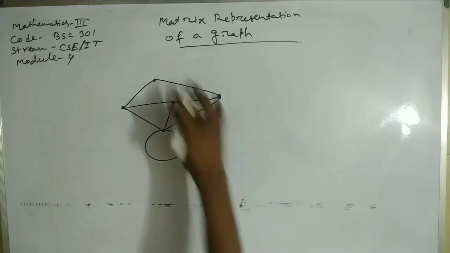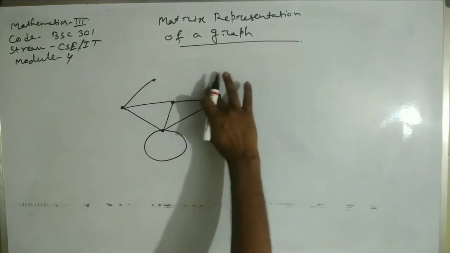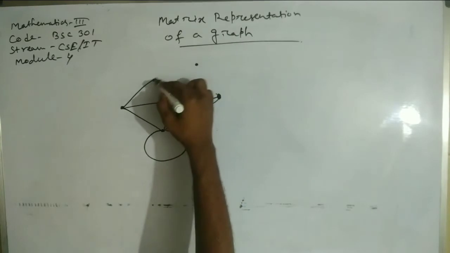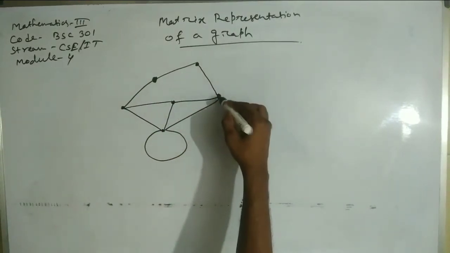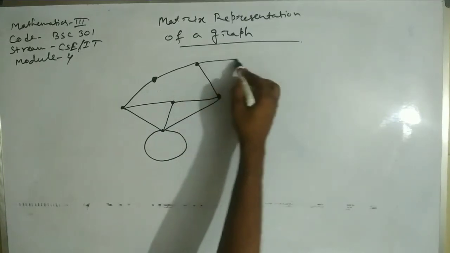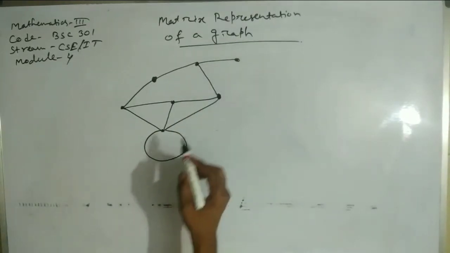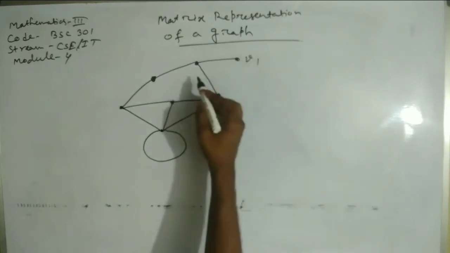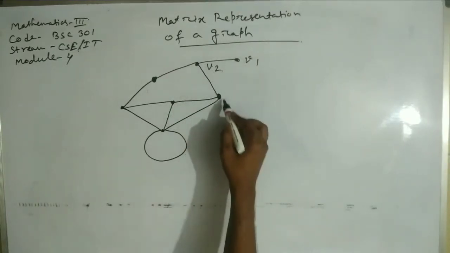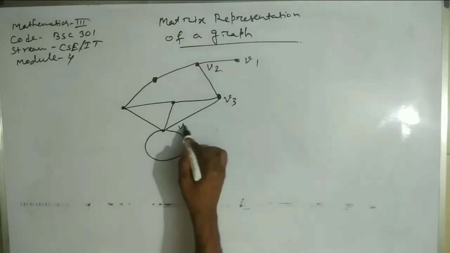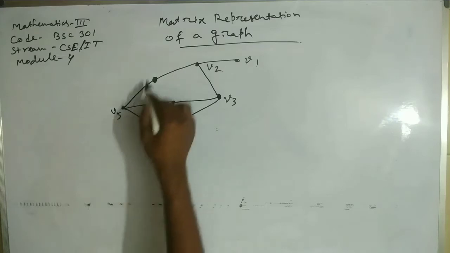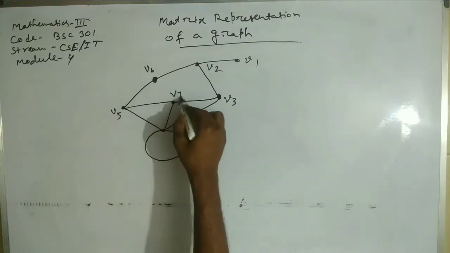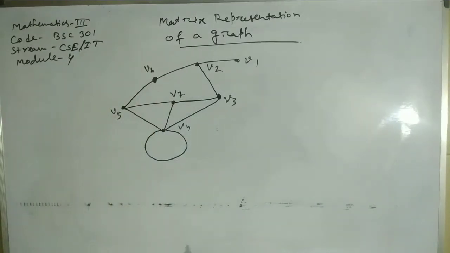Okay, so I am writing here another vertex. This is a vertex and this is our edge. So V1, V2, V3, V4, V5, V6, V7. Okay.